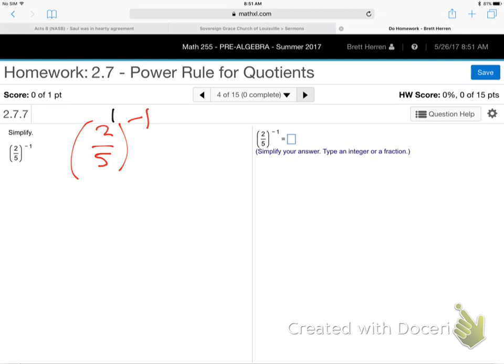So there's invisible 1 powers, right? And the power outside, boom, boom. 2 to the -1 over 5 to the -1. So powers outside parentheses multiply powers inside parentheses, like that.